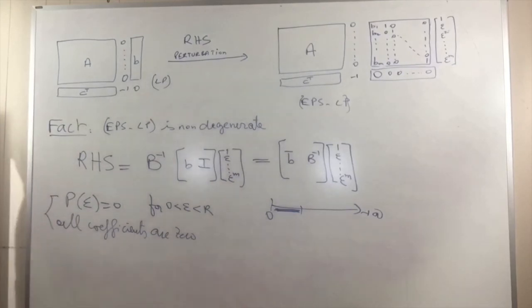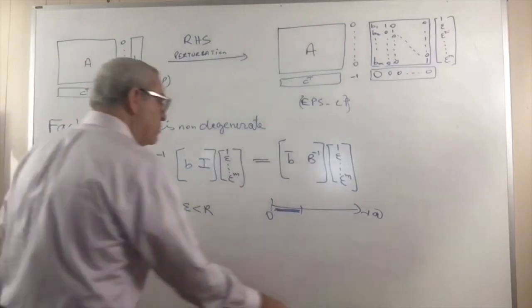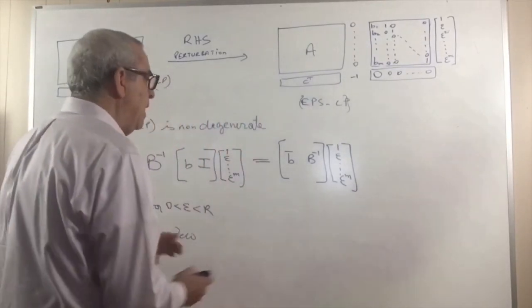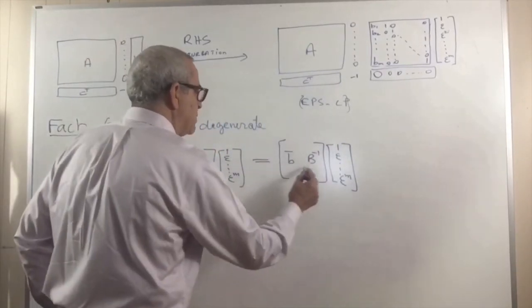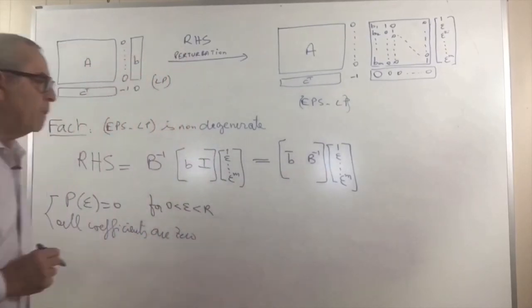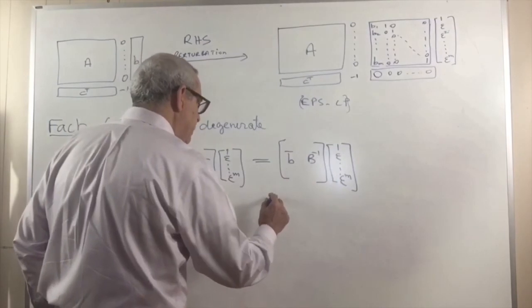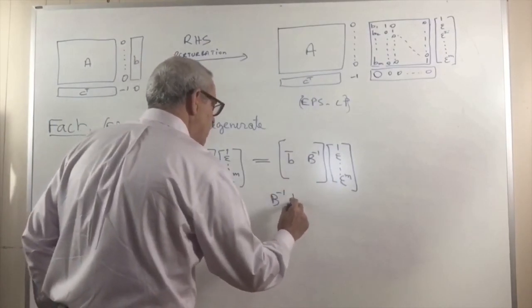Okay? So in order for a 0 to occur on the right-hand side, this matrix has to have a row of zeros. And if this matrix has a row of 0, then B inverse has a row of zeros.